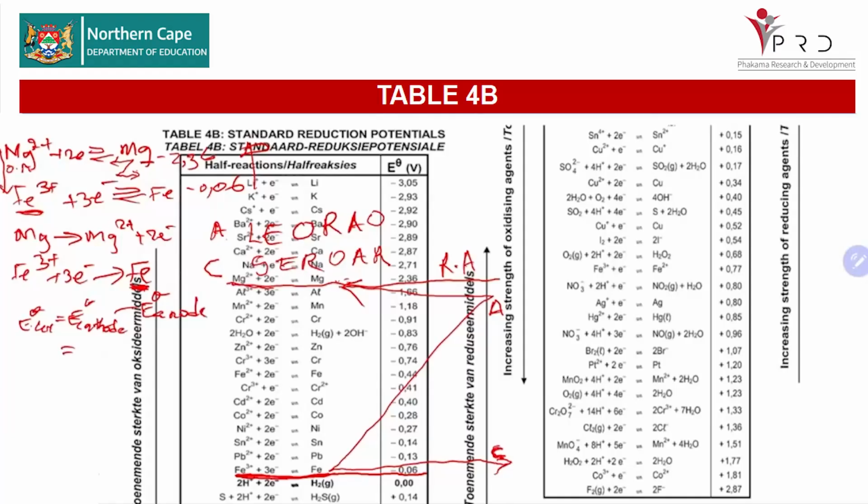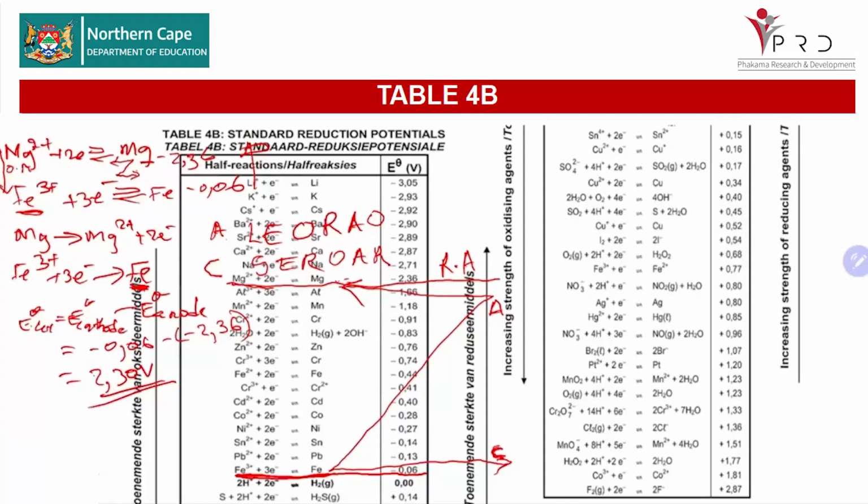Now your E cathode, we have agreed that minus 0.06 is your cathode, and then your minus, don't forget, is minus 2.36. That is your anode there. And then you are able to say, okay, we have a positive 2.36 minus 0.06. I think that is giving you 2.30 if my maths is doing well. Then you are able to get that, and it's spontaneous. And definitely this is the question that you are going to get.